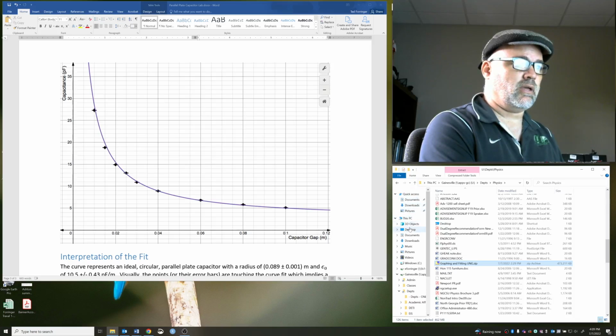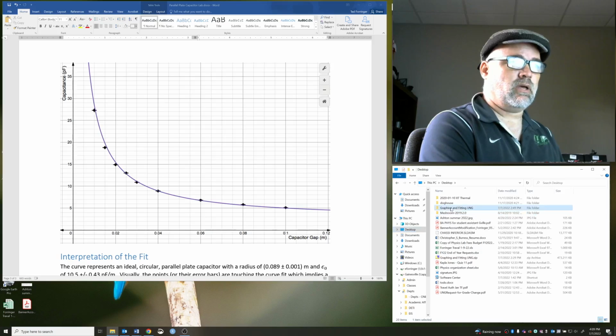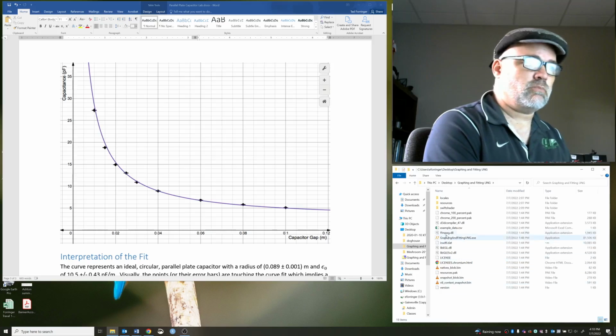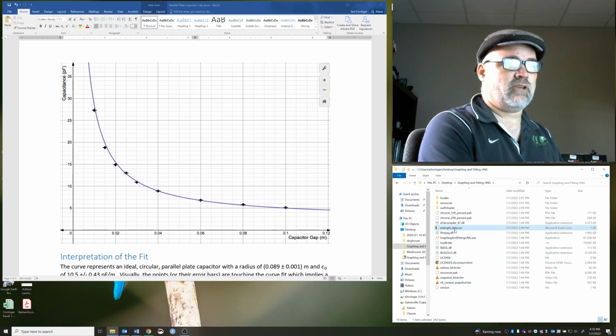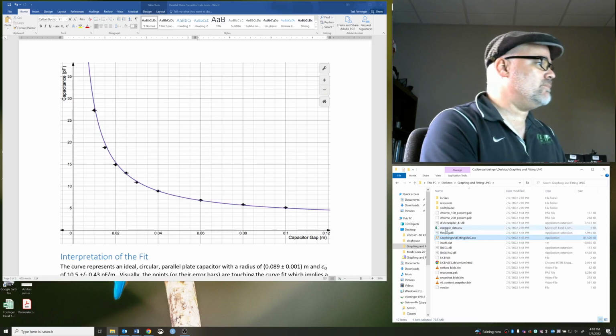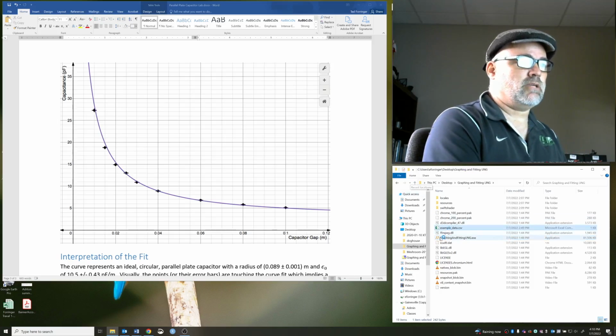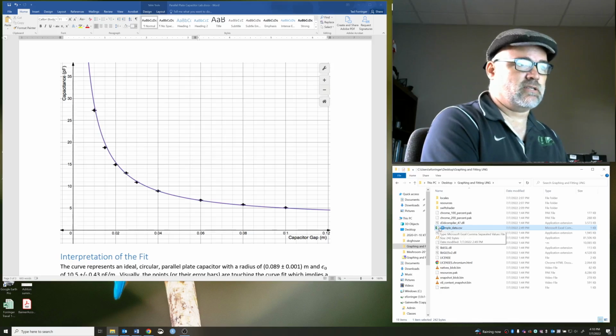I put it on my desktop, I unzipped it, and this is what you'll see. So the two important things are an example data file and the actual executable. Because I've already done this, I went ahead and put my student data inside this example data file.